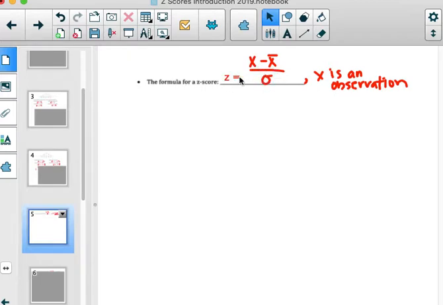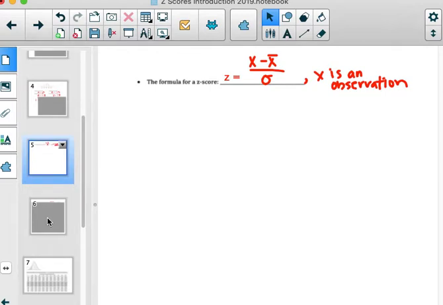So whatever your observation is, x is the observation, a number in the data set. x bar is of course your mean, so x minus x bar divided by the standard deviation is what your z-score is. So you don't always have to draw out that normal curve and label everything. We can just simply calculate it. So then some vocabulary that goes along with that.